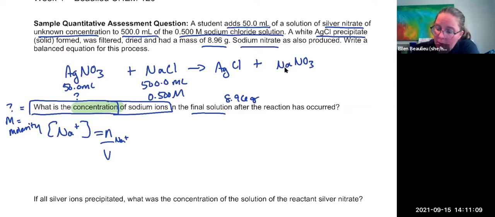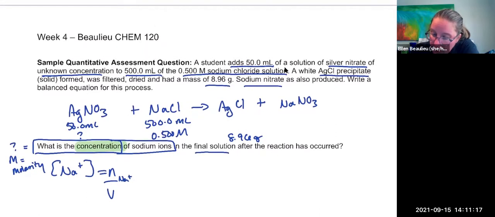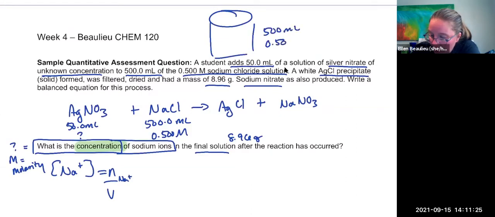Because you were given lots of volumes in the problem, 50 milliliters, 500 milliliters. This says the final solution. Sometimes in solution chemistry especially, I like to draw myself a cartoon. I have 500 milliliters of a 0.5 molar sodium chloride solution.